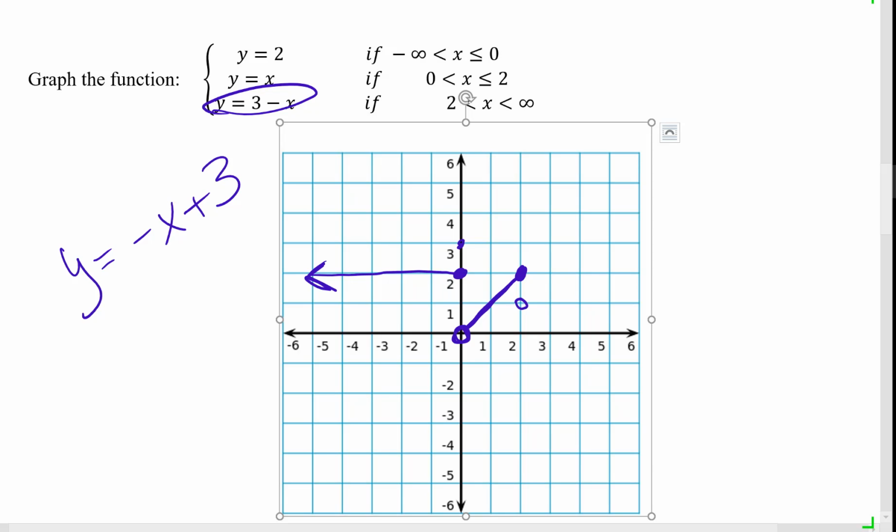And then from there, we'll draw the rest of what that line looks like. And so remember, that is the line that has a slope of negative 1. So that means we're going to go from that circle, down 1, over 1, down 1, over 1. And so it'll look like this line as x goes from 2 to infinity. We have that line happening.